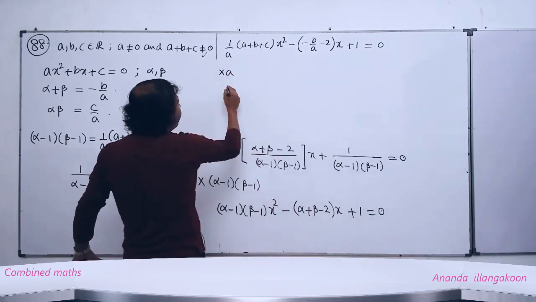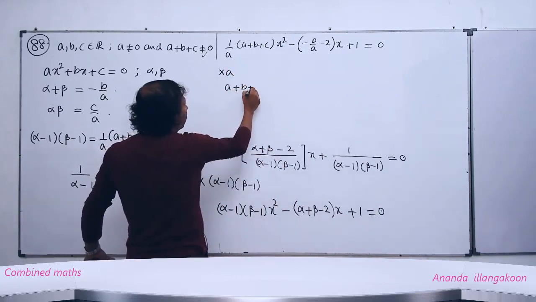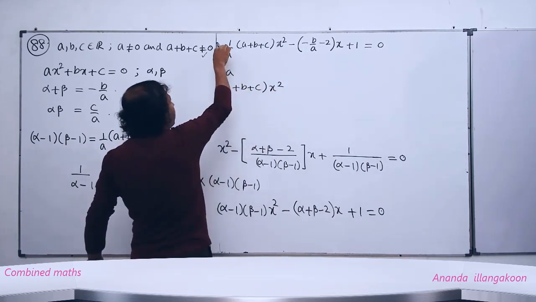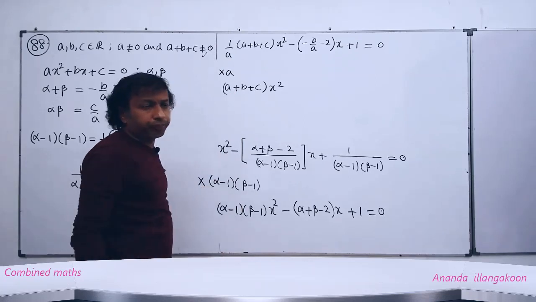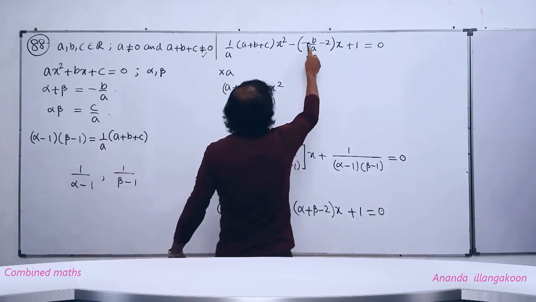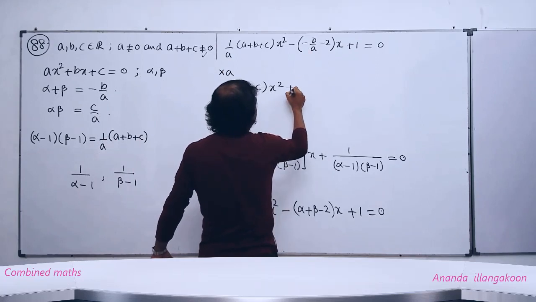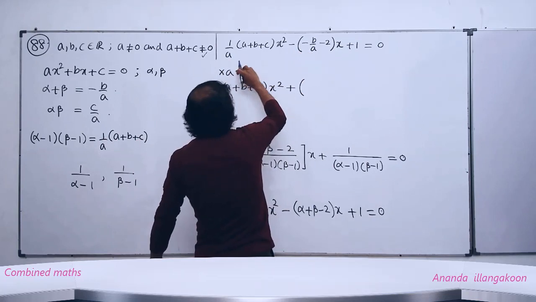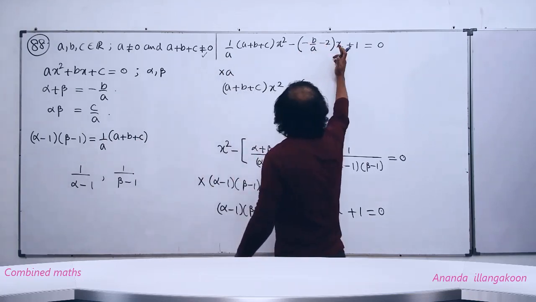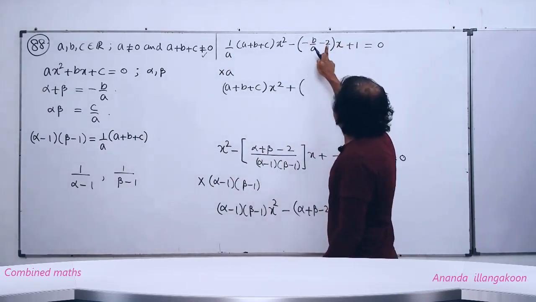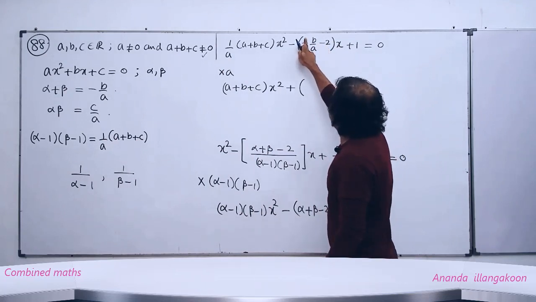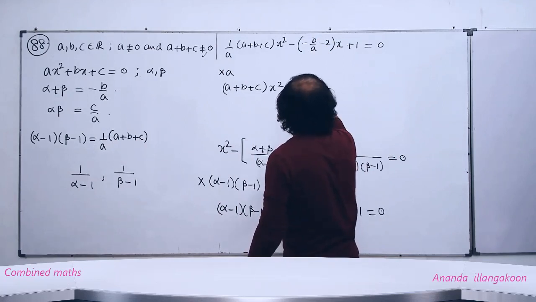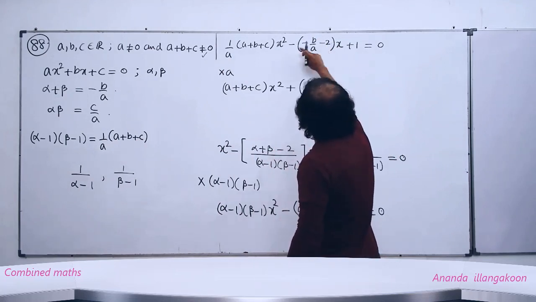Then this will be a plus b plus c times x squared. Why? When I write this a before this, a and this a we can cancel down. When we take this minus sign out, with this plus sign, it's minus, it's plus. Now, by this a, we must multiply inside the bracket. This term we have to multiply, this term we have to multiply. Once I write a here, a and a you can cancel down. This is b. Now this minus sign we have taken out, then this is plus.